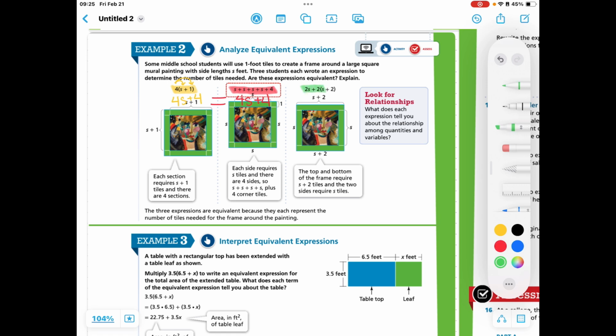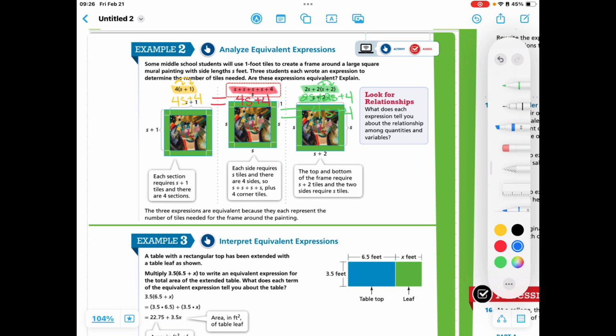Checking the very last one, we have this 2s plus 2 times s plus 2. We would have to distribute, which would give me a 2s plus 2s plus 4. We would have to combine like terms, 2s plus 2s, which would give us a 4s plus 4, which also equals.